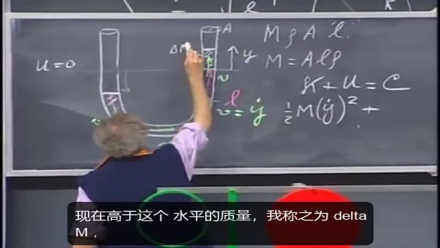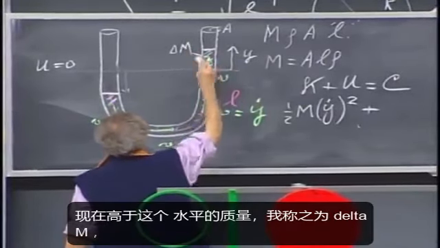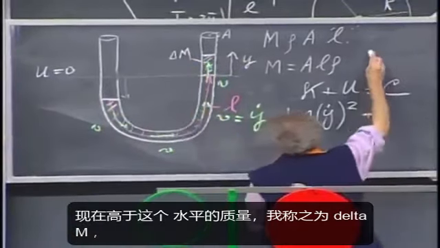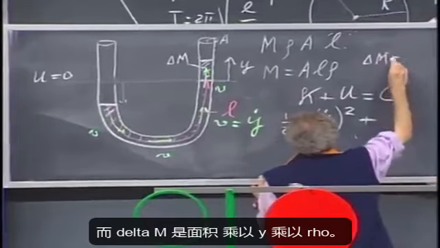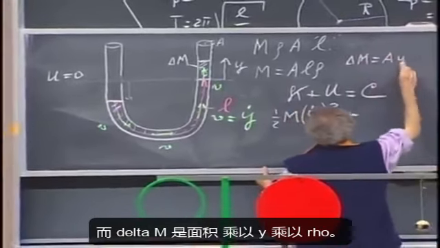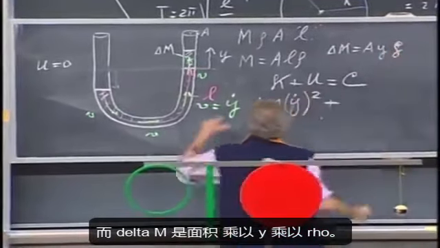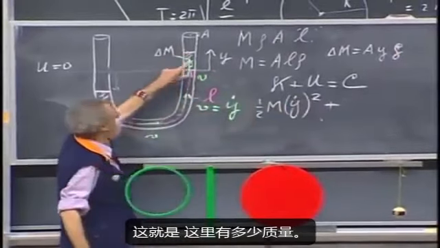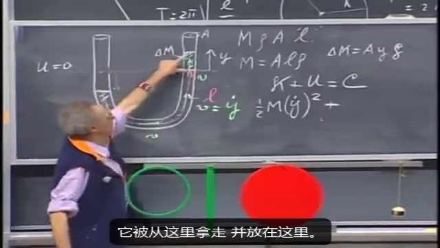The mass that is now above this level here, I call that delta m, and delta m is the area times y times rho. This is how much mass there is here. It was taken away from here and is put here.